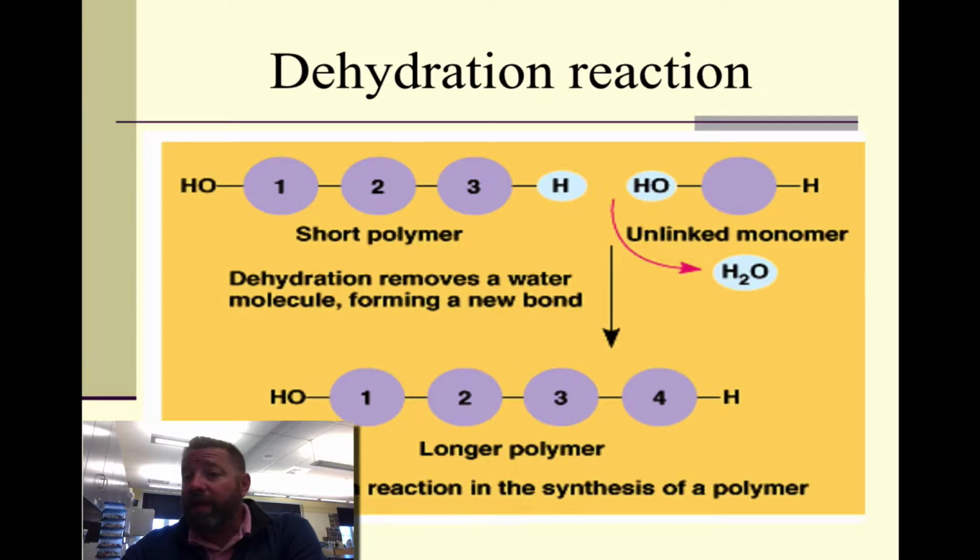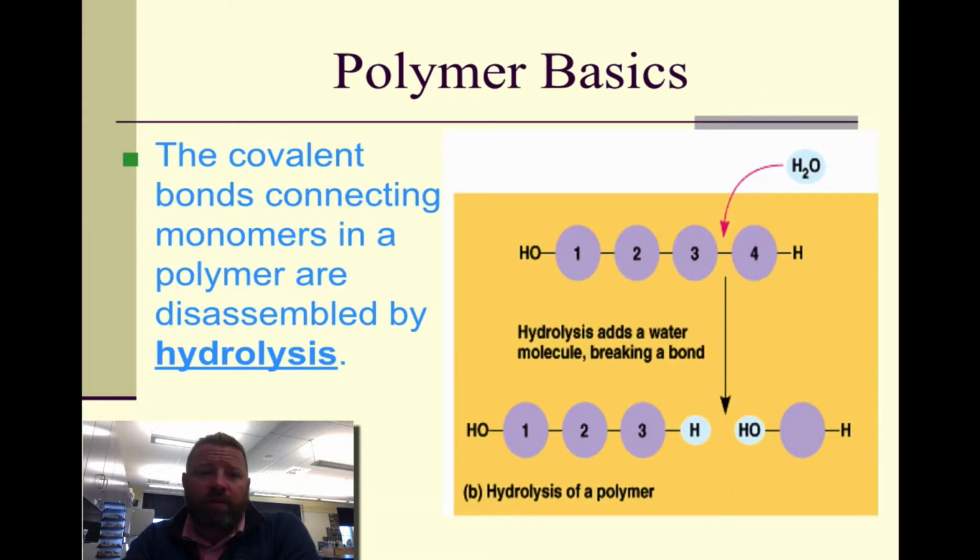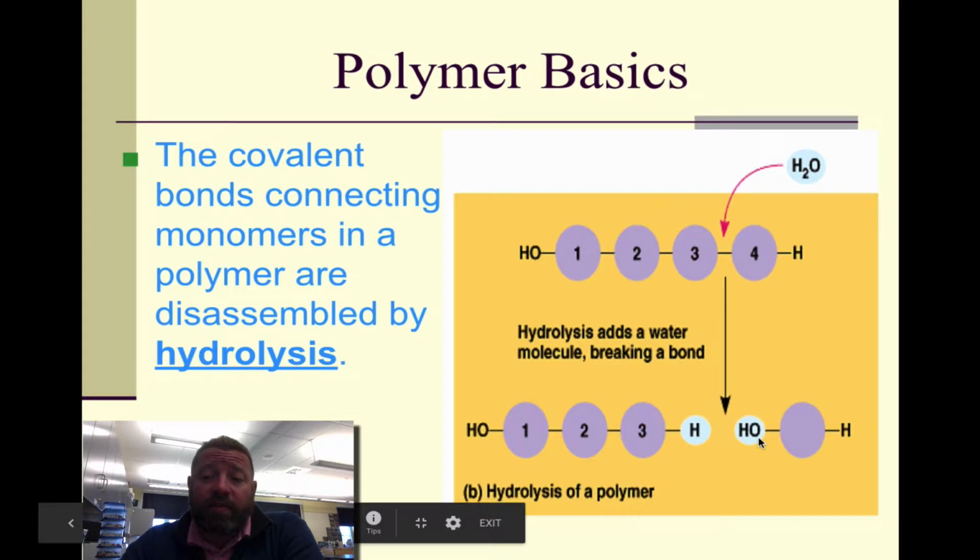If we want to make it happen even faster than that, that's where enzymes come in, and we'll see that probably in lab 2 of the year. So once again, polymer basics. To break them apart, here we have the polymer we made in the last slide, 1, 2, 3, 4. In order to break those apart, water is added, and the hydrogen and the hydroxide from water split those bonds. Once again, it'll happen on its own.